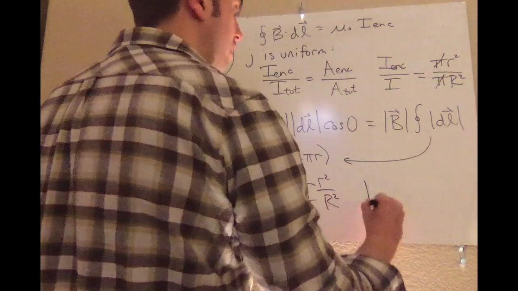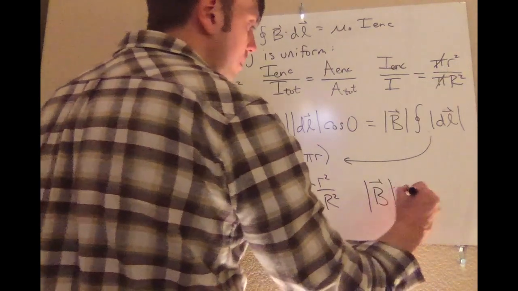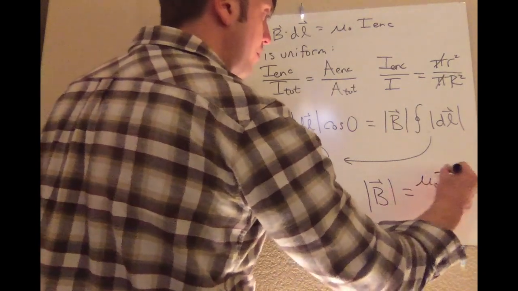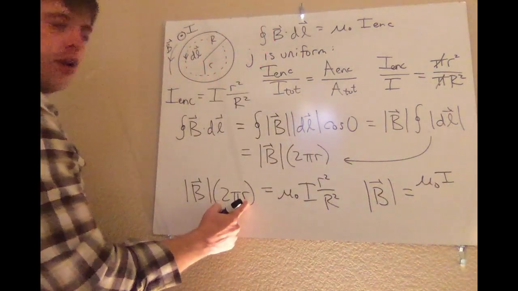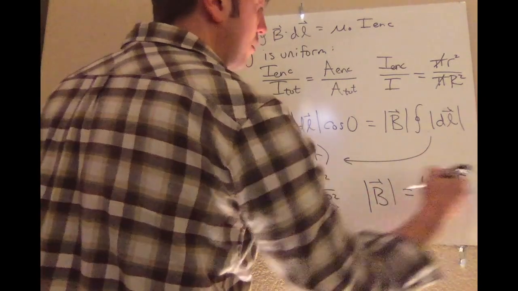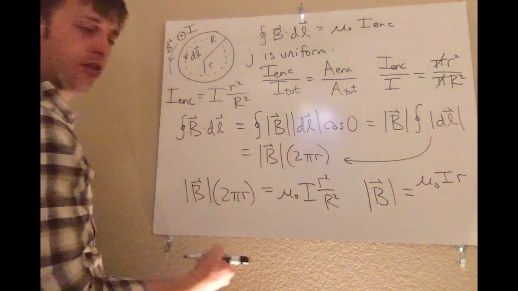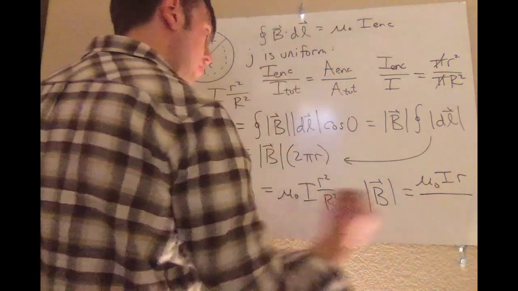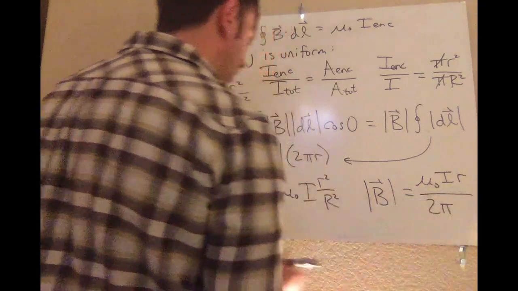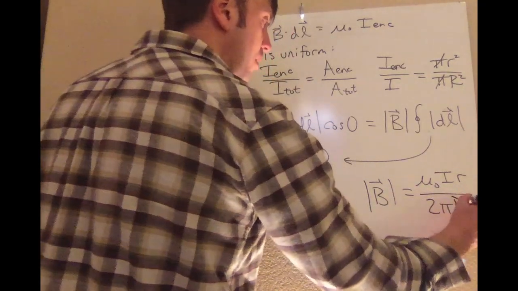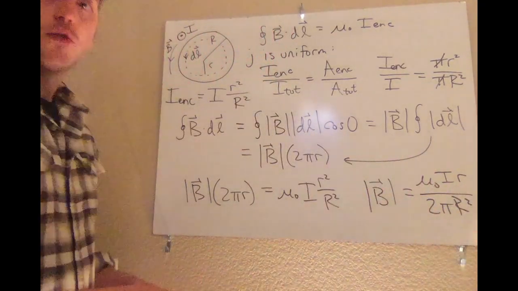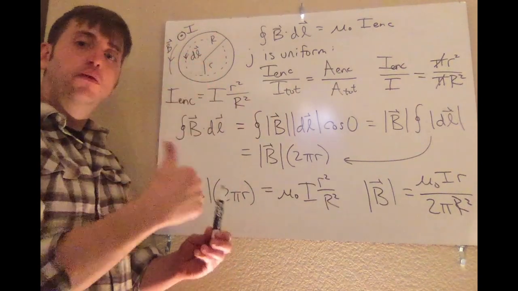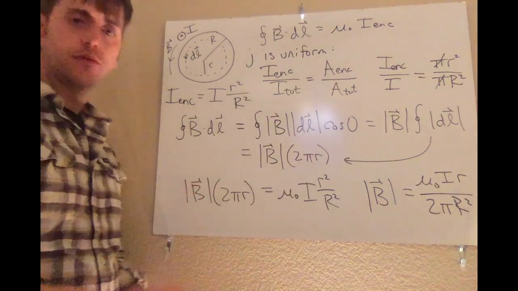So what we're interested in is solving for the magnetic field B. What we have on top is mu naught times I. Now if we divide out this r right here, we're just going to have one factor of r on top, so we cancel with one of the factors in the r squared. And on the bottom, we're going to have 2 pi and big R squared. Okay, so that's a good formula for the magnetic field inside of a wire, as long as that wire carries a uniform current density. That's what this is.